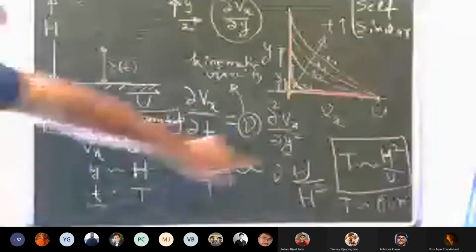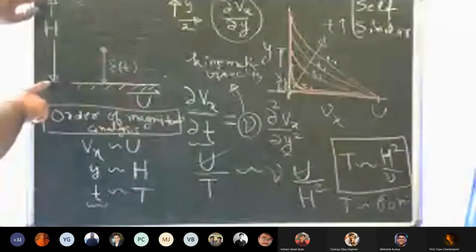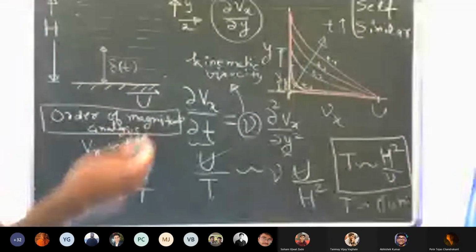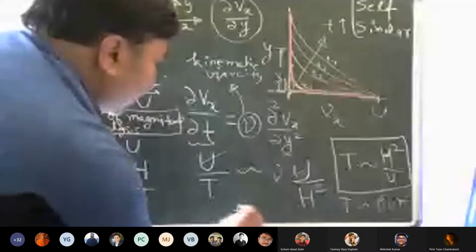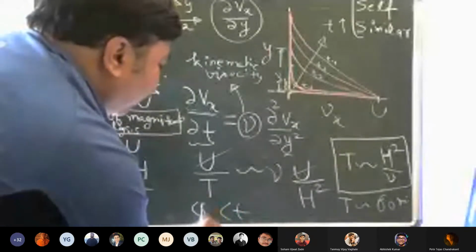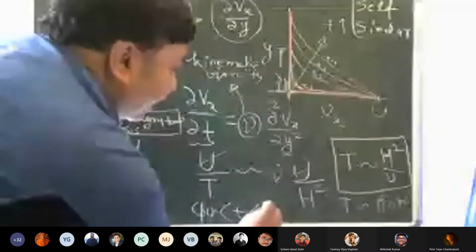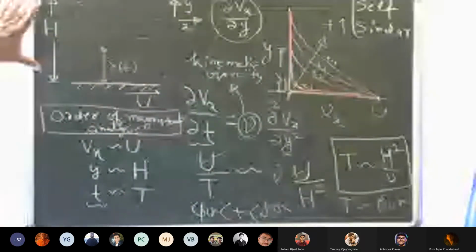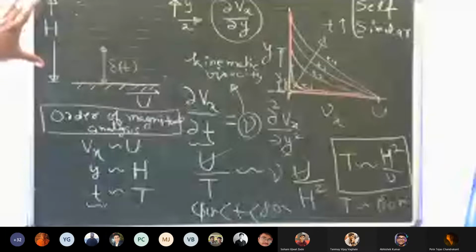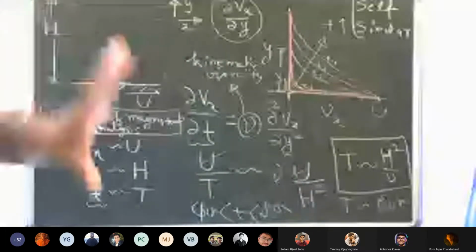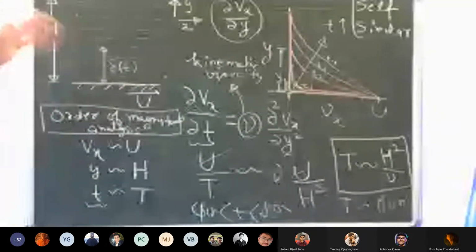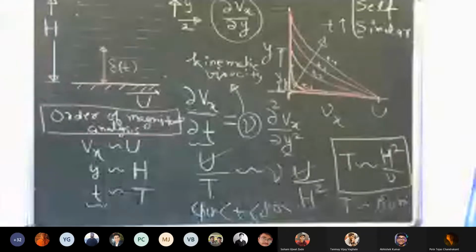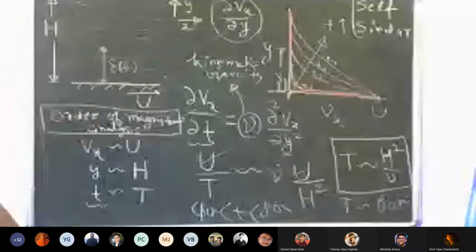So you can take this h as characteristic value. If you are solving your problem for t greater than 40 minutes and less than 80 minutes, so between 40 and 80, h will be a good choice of characteristic length scale, or order of magnitude of this y can be h. Clear up to this point?